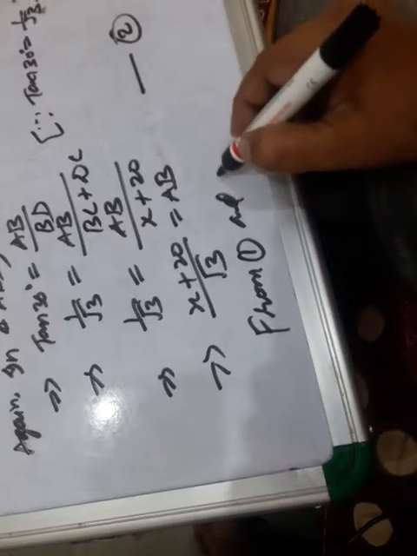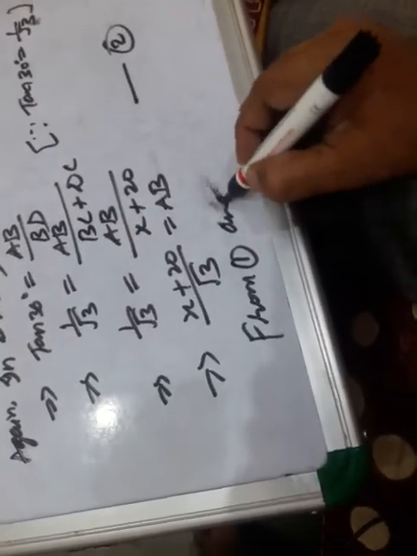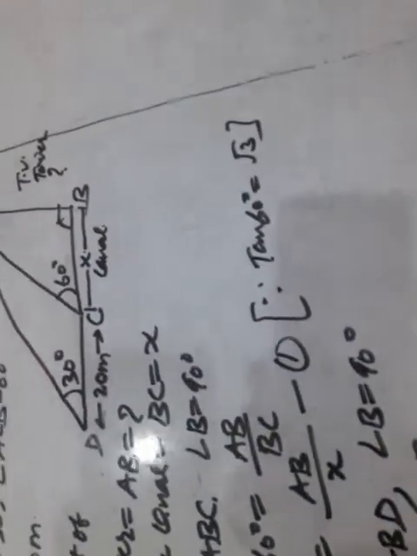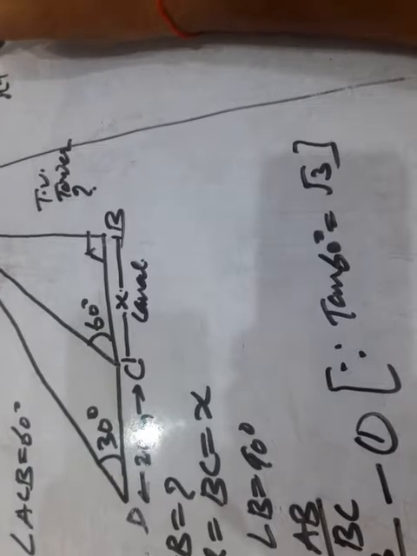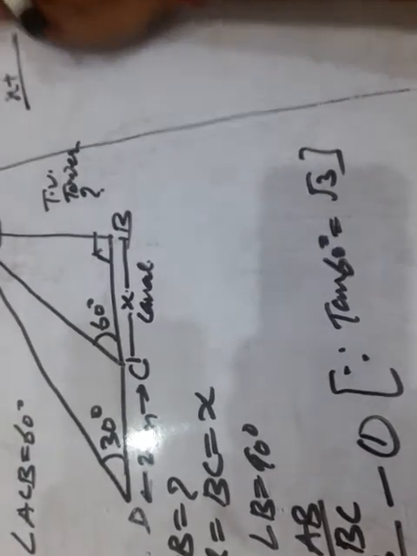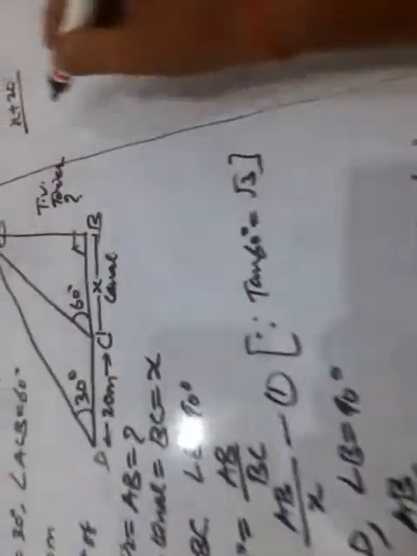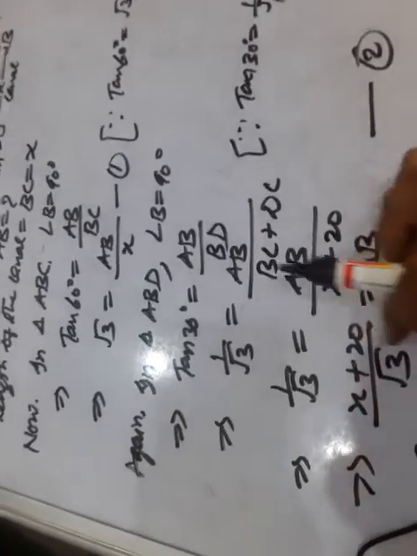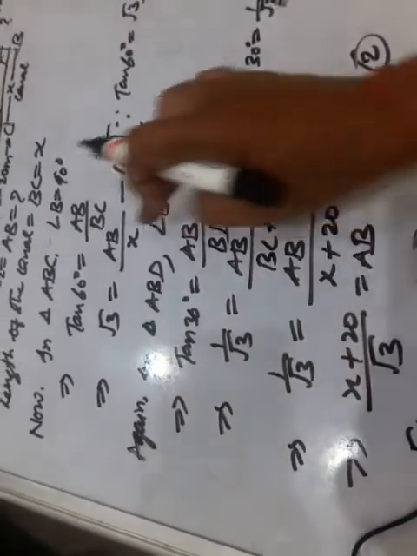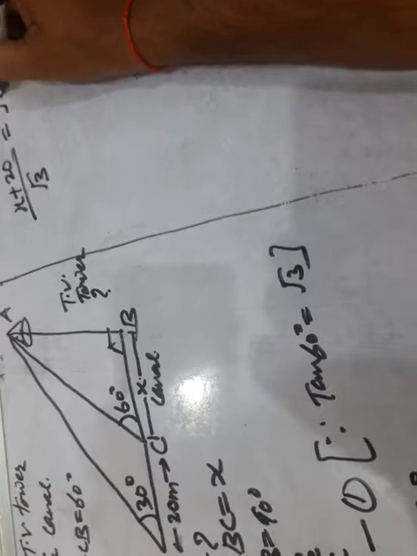Now from 1 and 2, what do we find? Children, put the value of AB over here: x plus 20 upon root 3 equals AB equals root 3x.